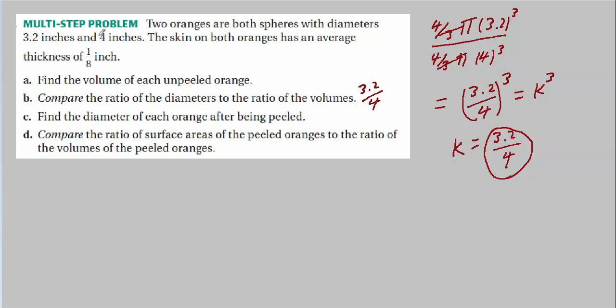If we perform that subtraction, we get the diameter for orange 1, the smaller one, is 3.075. And the diameter for the larger one would be 3.875.